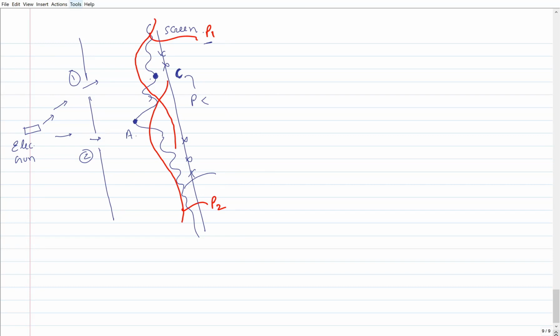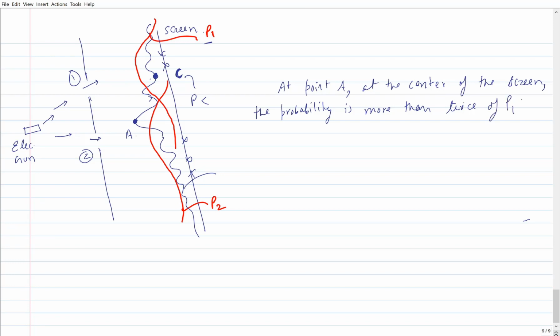So if you look at it, that's also strange, because it seems as if when I'm closing one of the slits, it is actually reducing the probability from the other slit also.